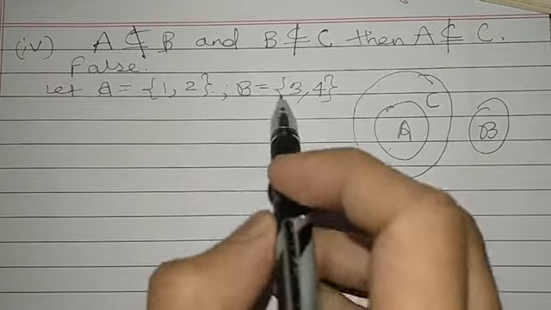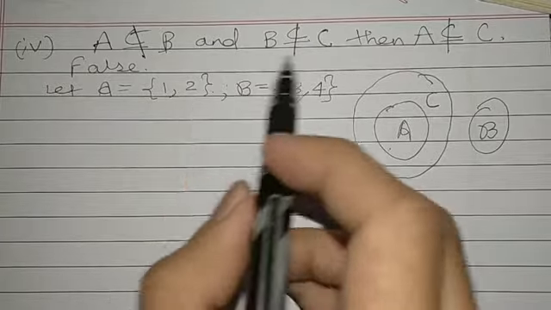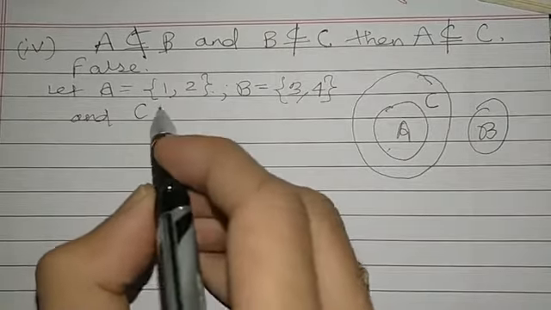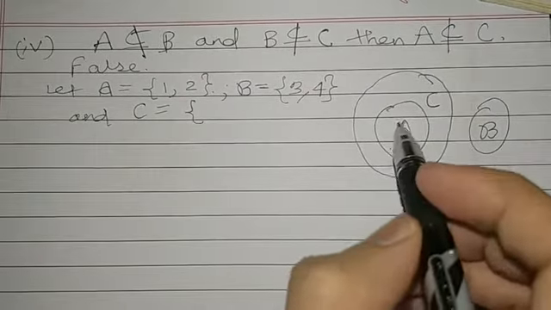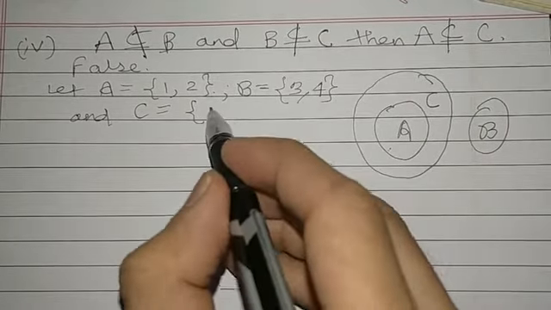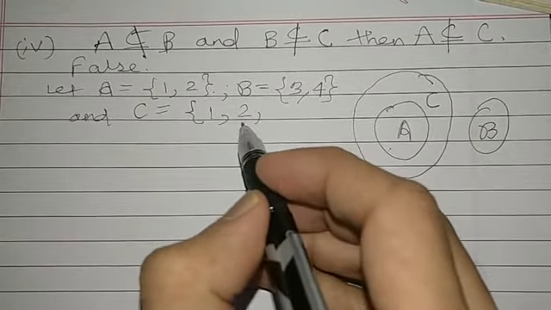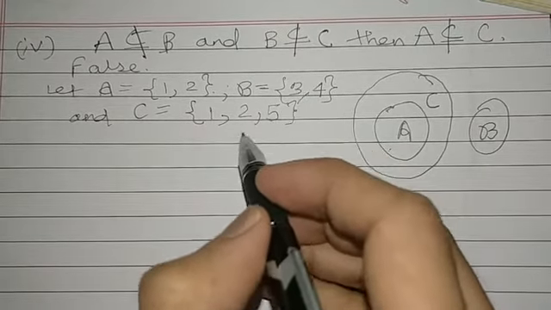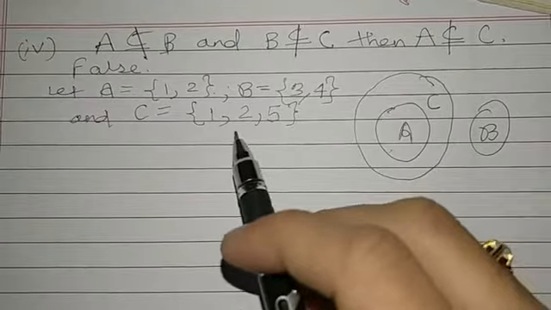There are no common elements between A and B. And C should contain the set A, so all the elements of A should be there, and one more element we can take, that is 5.